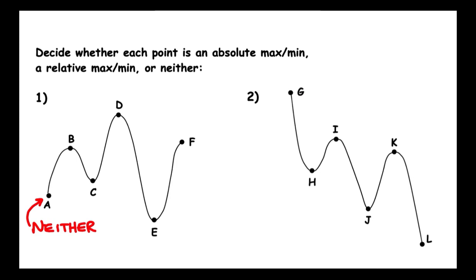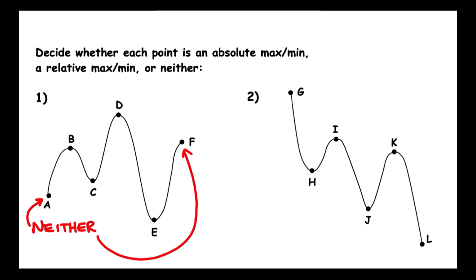Speaking of neither, F is also neither. It's not an absolute max because it's not as high as D. It's definitely not a min because the graph was on its way up when it hit F. Same thing over at A. A is not an absolute min because E is lower.